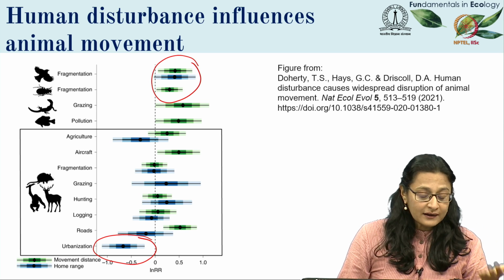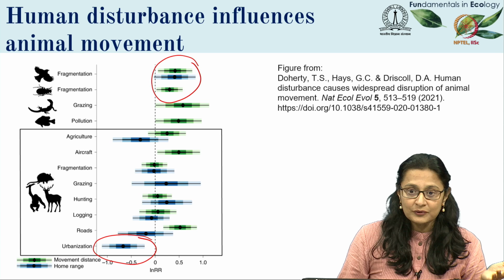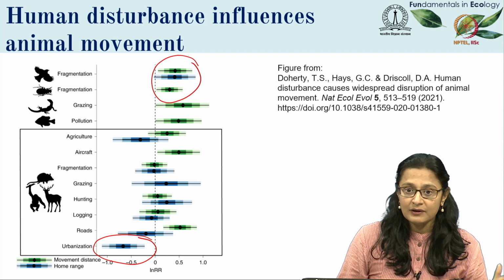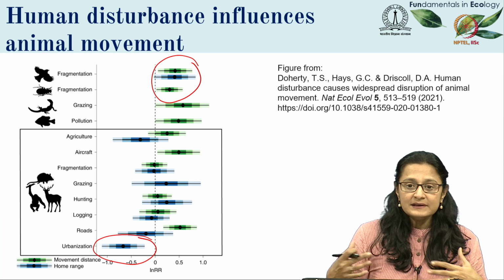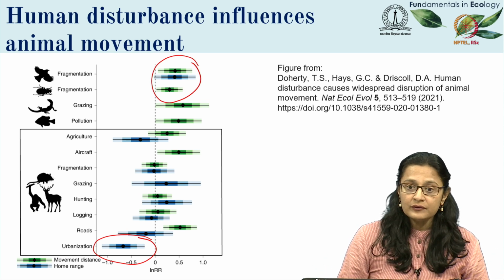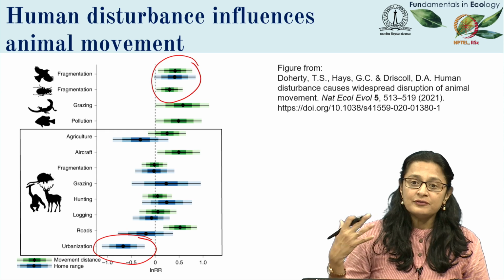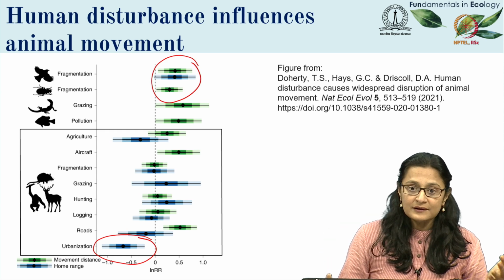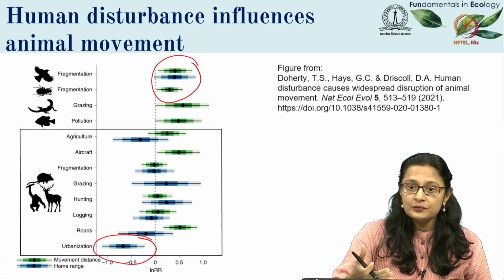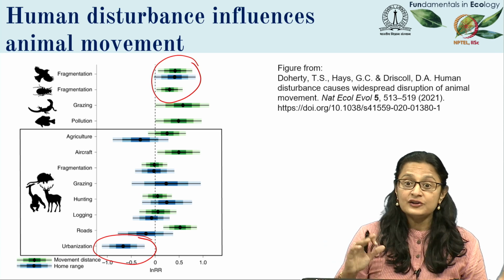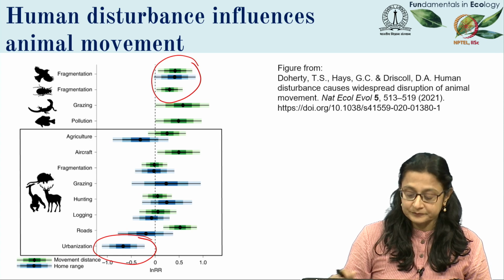And so now animals can have smaller home ranges and get more resources because they're using human-derived foods. So animal movement is a dynamic response of the organism and the environment. When the environment changes, the organism responds as well. And so here we see how human-induced impacts on the environment can shift how much space an animal uses.